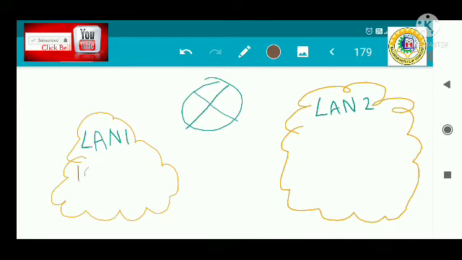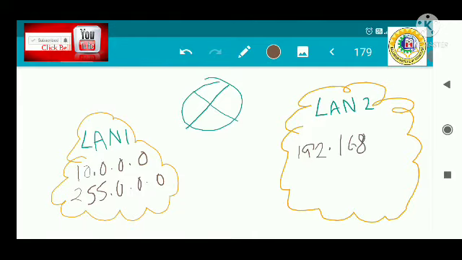The IP address of this LAN starts with 10, so 10.0.0.0, and the subnet mask of this network is 255.0.0.0. These two are important for any LAN connection. For the other LAN, the IP address starts from 192.168.1.0, and the subnet mask is the default 255.255.255.0. So these are the two LANs.